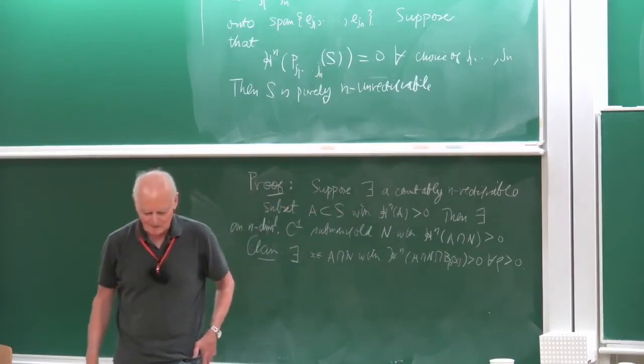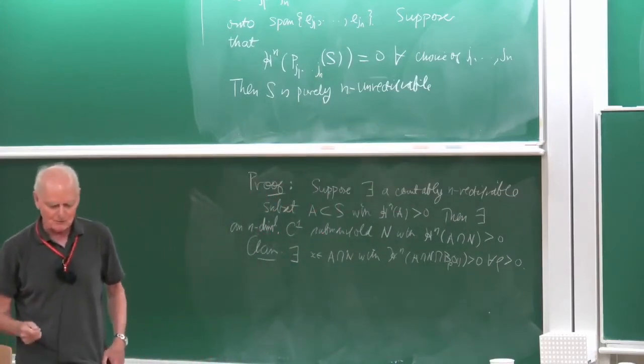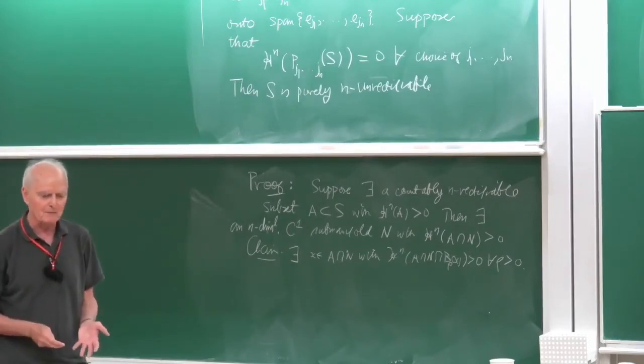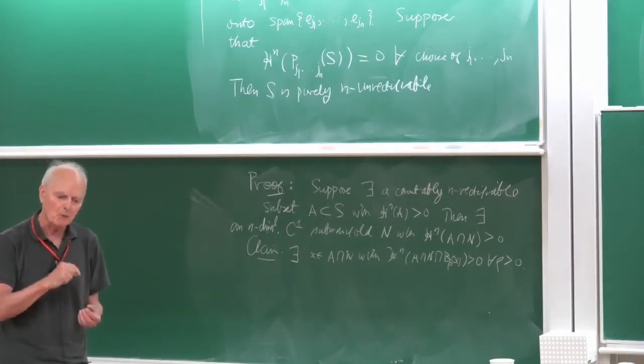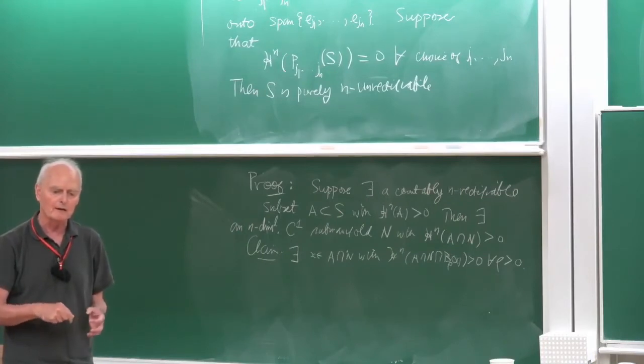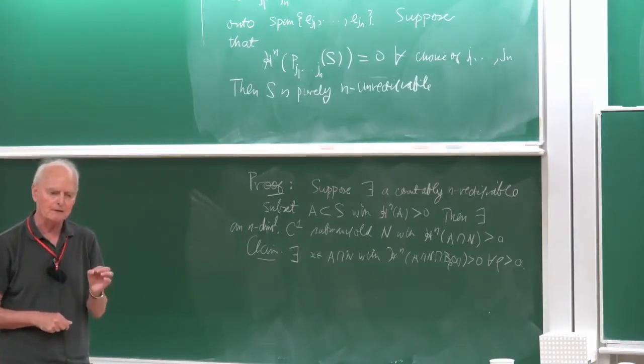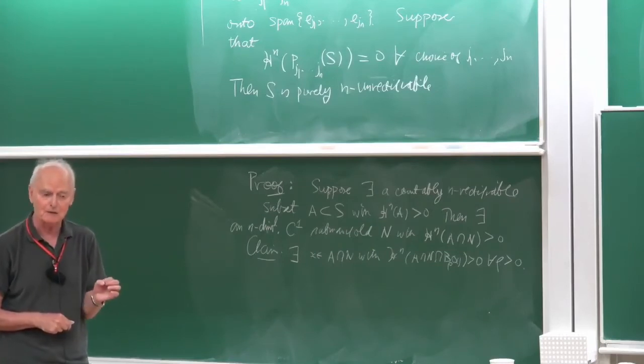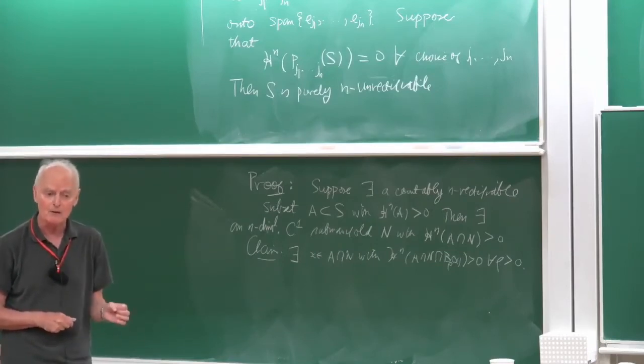Stare at that for a minute. This is a general property of sets of positive measure. If a set's got positive measure, then there must be at least one point in the set where it intersects a ball of radius rho in a set of positive measure, and that must be true for every rho bigger than 0.